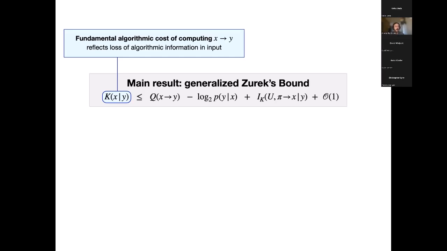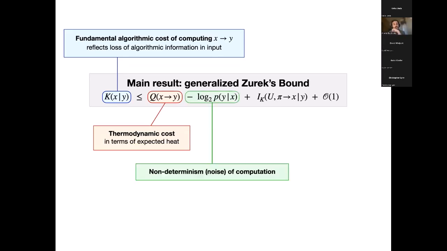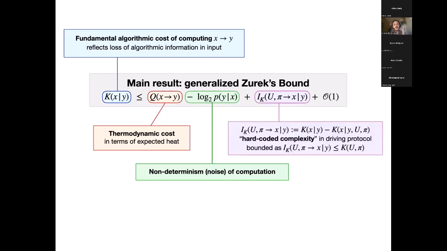And this bounds the sum of three resources, we could think of them. So the first resource is the heat expelled to the bath. This is the thermodynamic cost. The second resource is the non-determinism, or the noise of the computation. And the last resource, which will be the most unfamiliar, I call the hard-coded complexity.